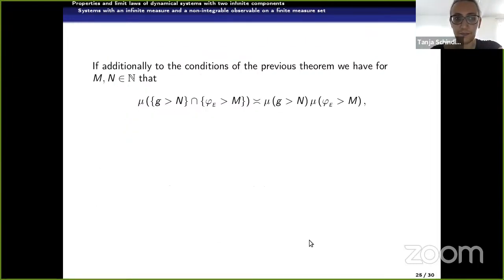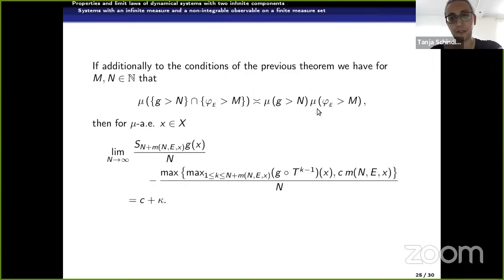Okay, if we additionally have the condition that the growth of T and the growth of the return time function are somewhat independent, then we can simplify this strong law of large numbers a little bit.